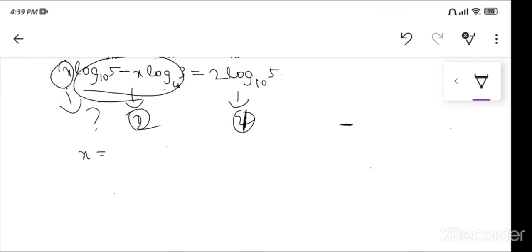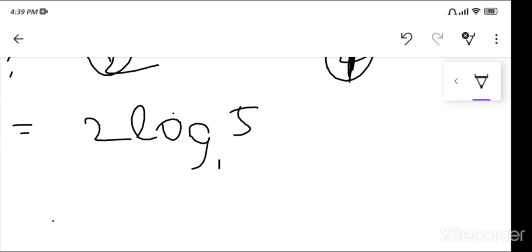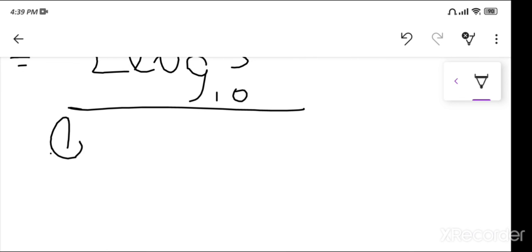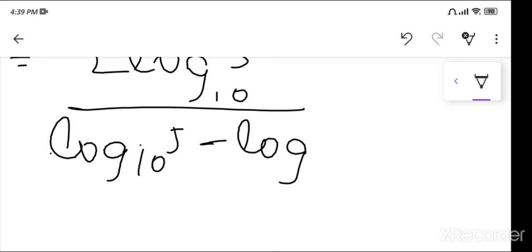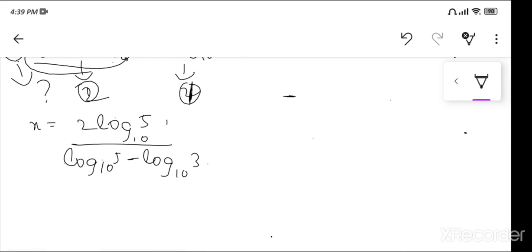I'm sorry, I told you guys wrong. So x is equals to 2 log 5 to the base 10 by log 10 5 minus log 10 3. That's it. That's the value of x.